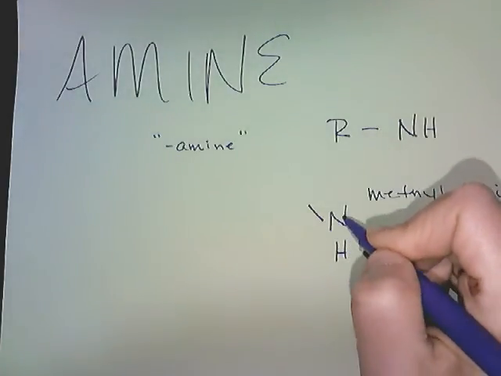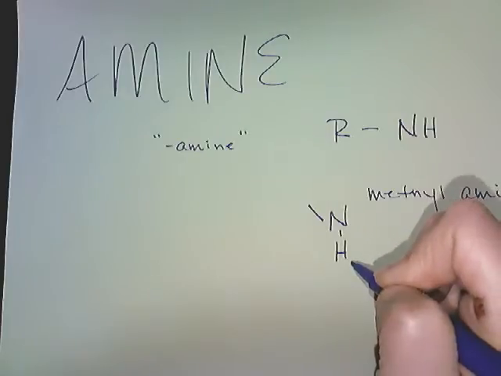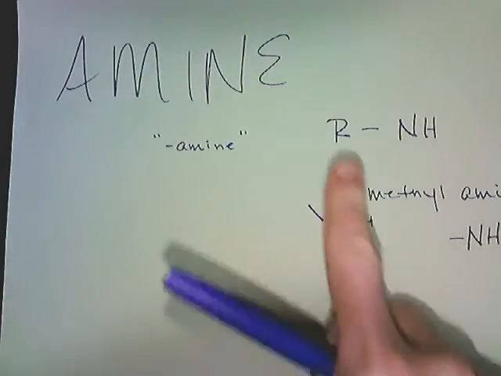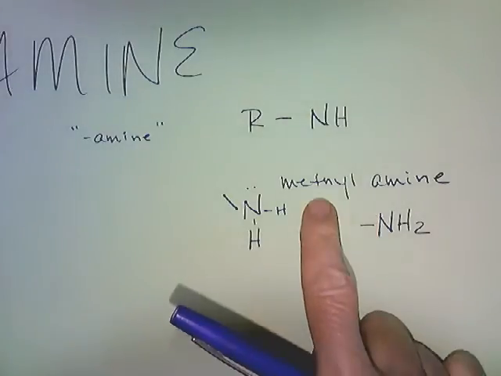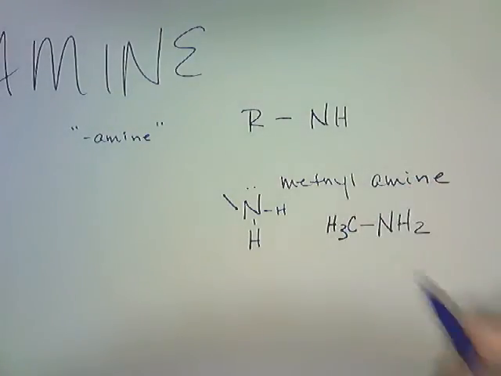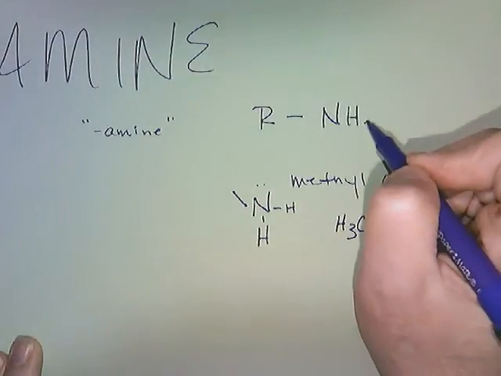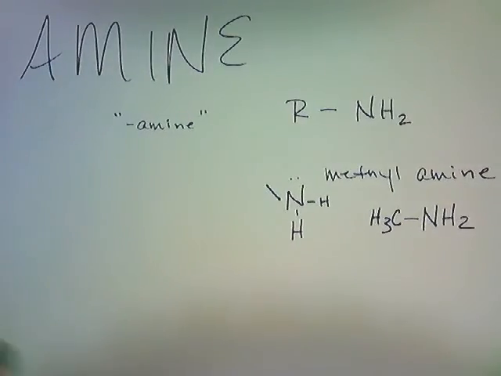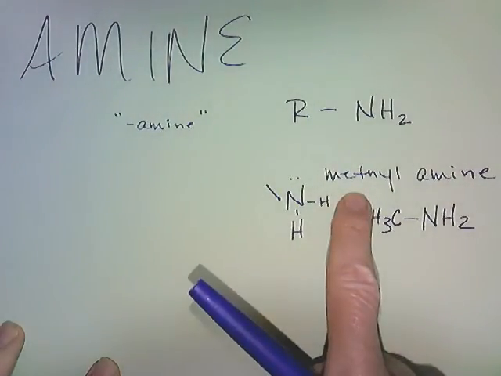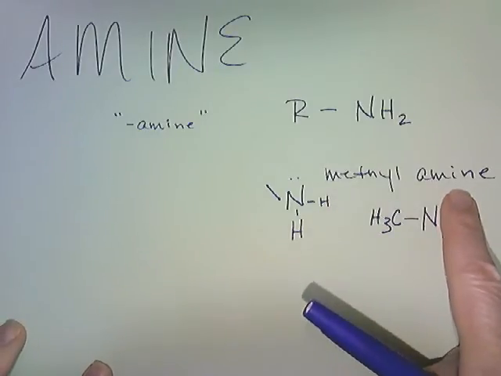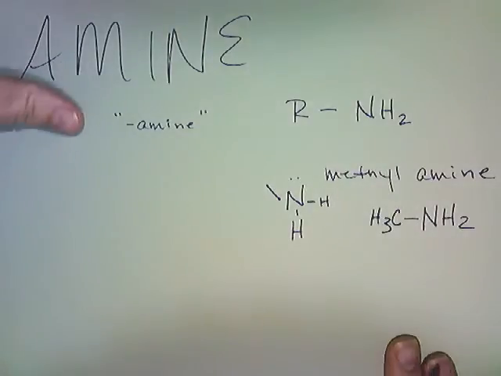So that N needs to bond with one more thing, so it's actually going to be NH2, with an R hanging off it. And in this case, the R, or the variable group, is methyl. So you just write CH3 hanging off it. So that would be an amine group, where you look for that NH or NH2 group, and you look for the word amine. So we've got a methyl group attached to an amine functional group.